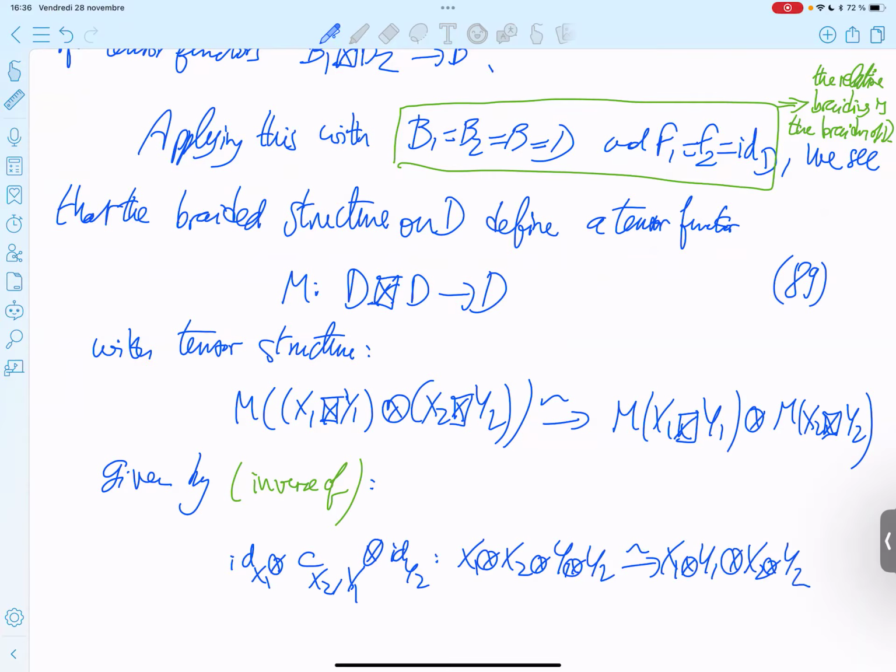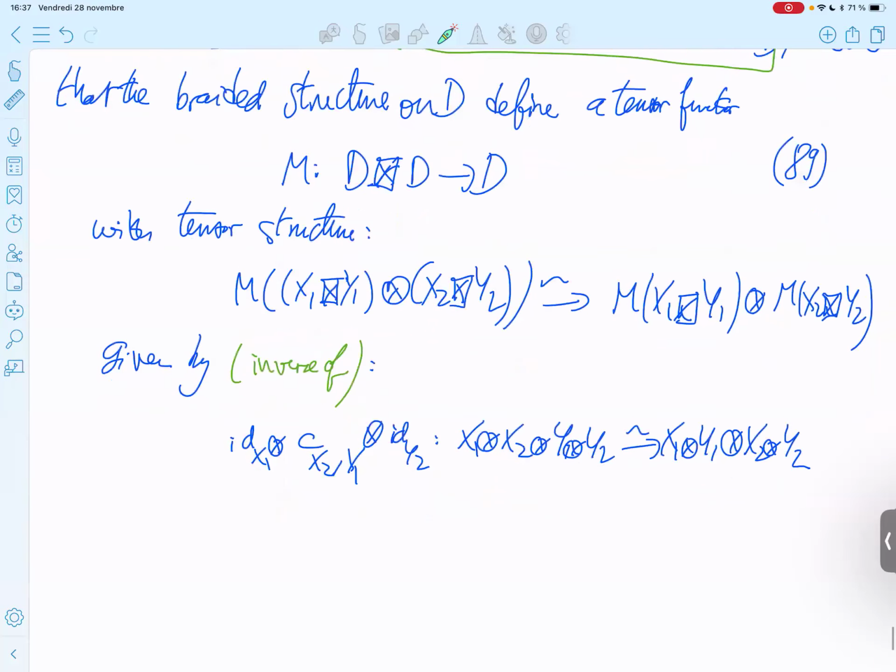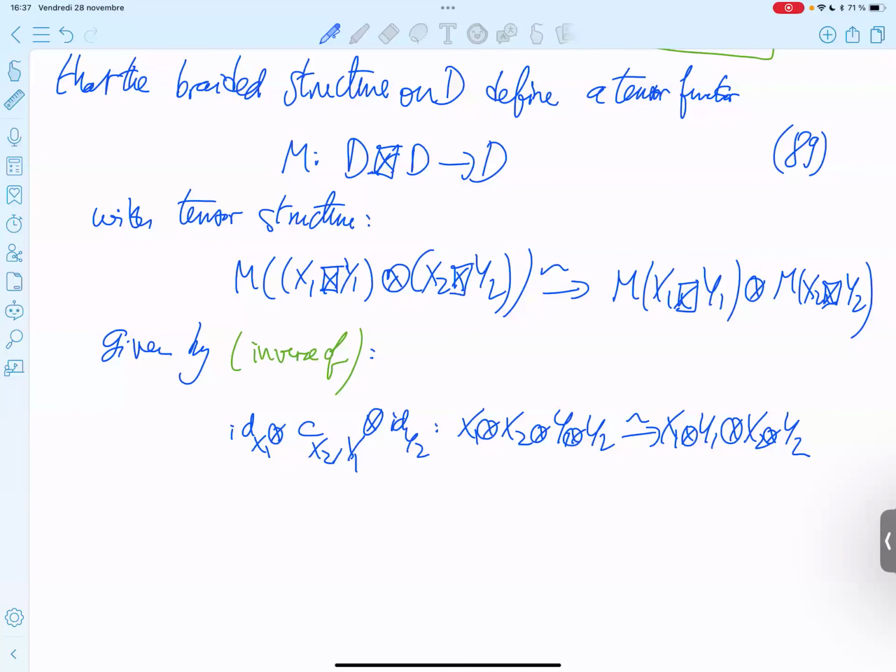So I wrote it this way without saying inverse, but I have a little doubt. Let me draw the picture.